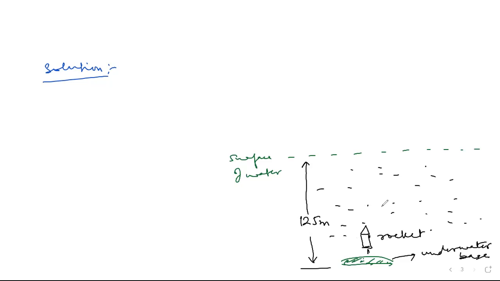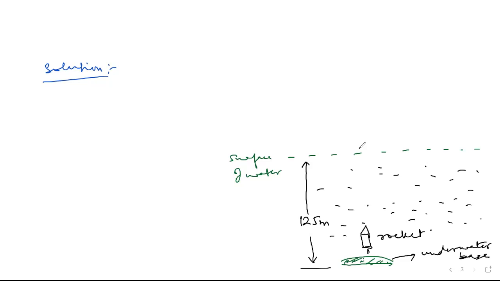So under the action of these 4 varieties of forces, that is engines, Earth's gravity, buoyancy, and drag force, it is said in the problem that it moves with constant acceleration. And it's also given that it reaches the surface of water in a time of 2.15 seconds.